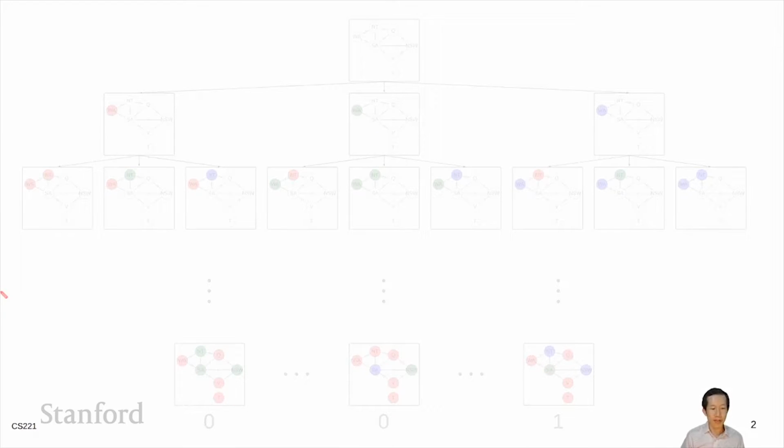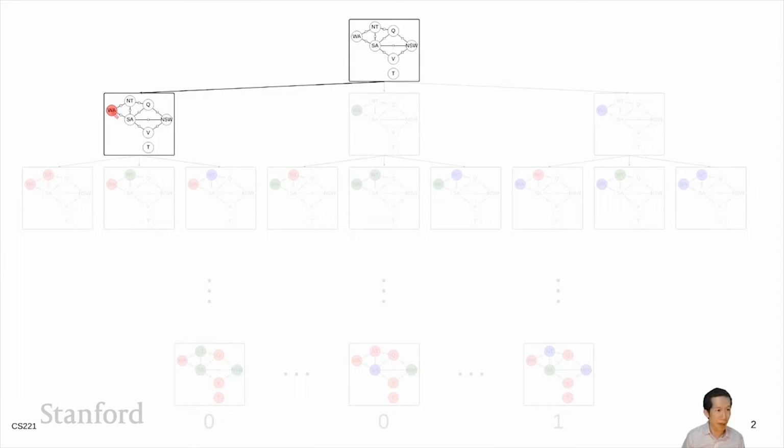Let's start with backtracking search, which we already talked about a little bit. Backtracking search is going to be the blueprint for the algorithms we're going to talk about. We start with the empty assignment, where no variable has any color, choose one of the variables, and assign a particular value, red in this case.